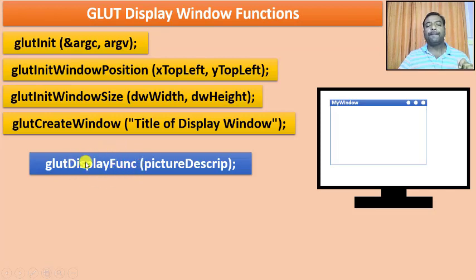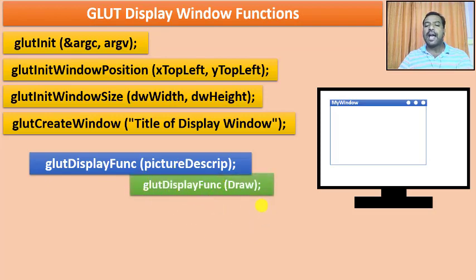This API is going to call a callback function with the name of the picture description. For example, I am going to use this function to call a draw function, and you need to make sure draw is a callback function which takes no parameter and returns nothing.